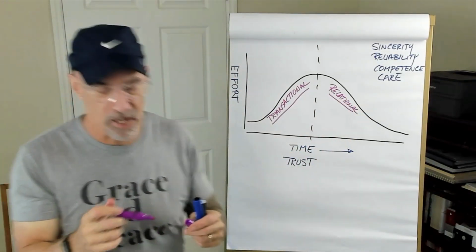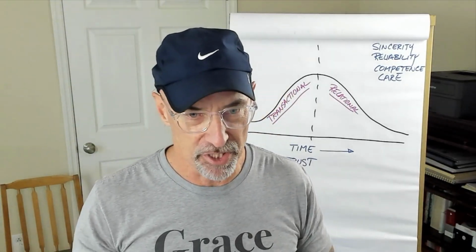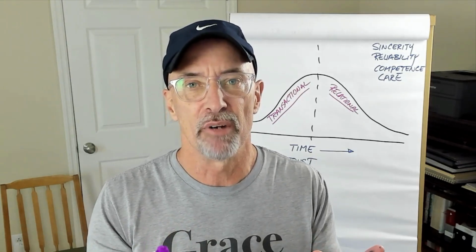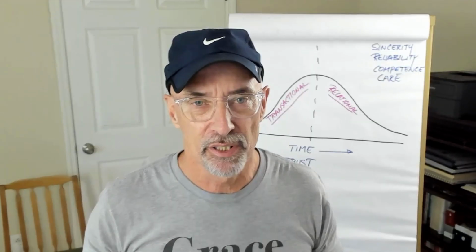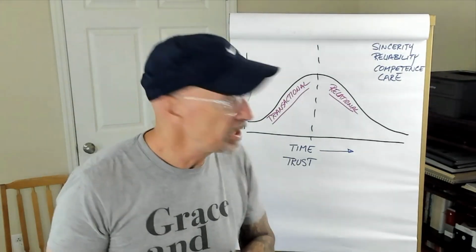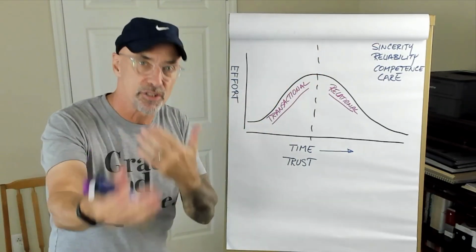Now it's less about what I get out of this interplay, and that being the determining factor about my level of engagement. And it's more about, what do you need? And it's based upon my sense of trust in you.